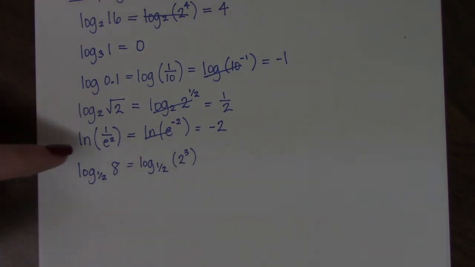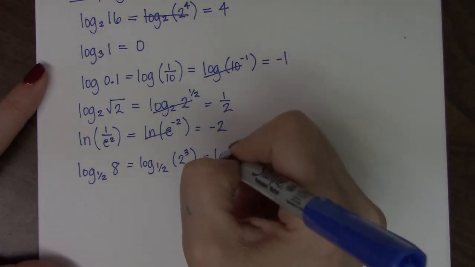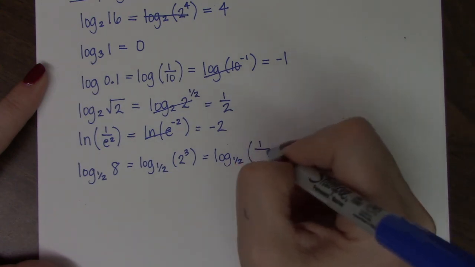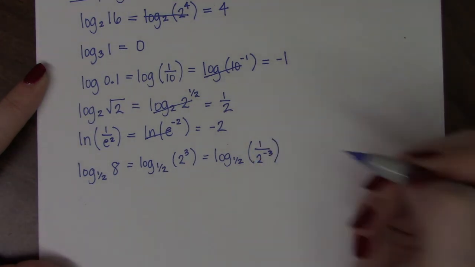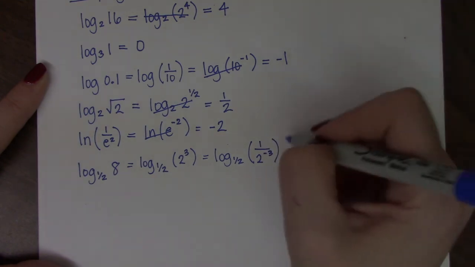So just like we did in this example and this example, right, we could move something from the denominator to the numerator. I'm also allowed to move that 2 into the denominator. So that's 1/2 to the negative 3. I need 1/2 all raised to the negative 3.